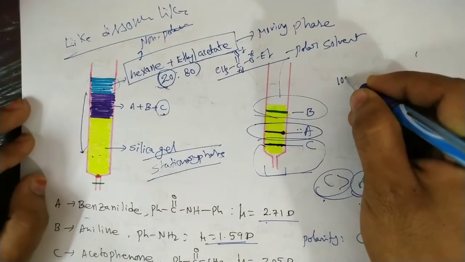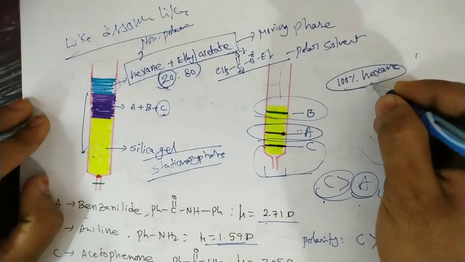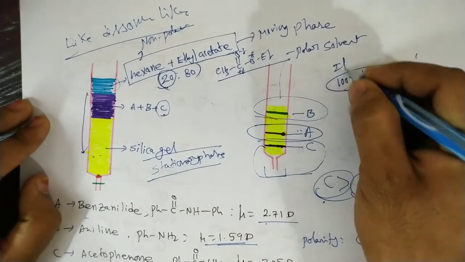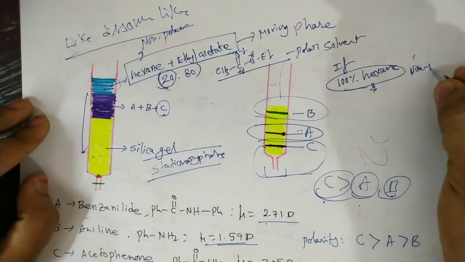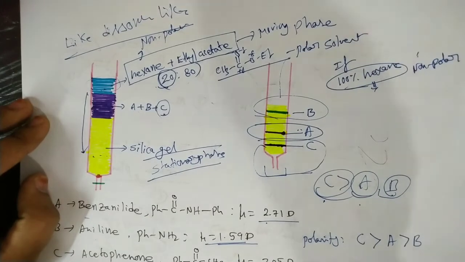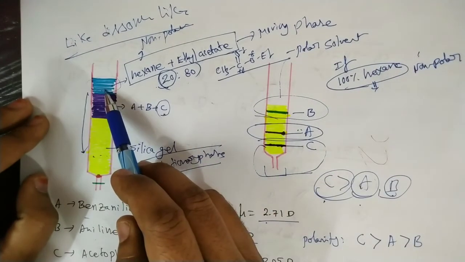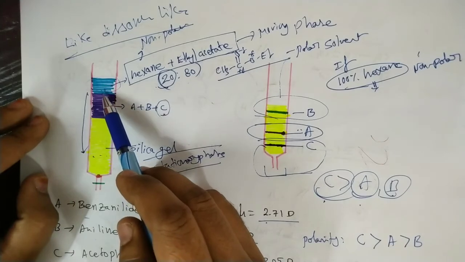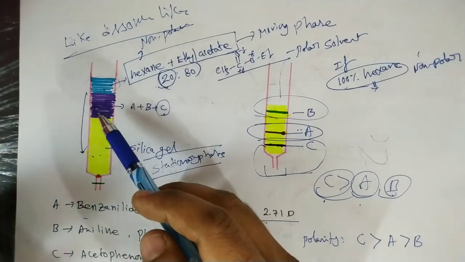For suppose in this case 100% hexane is used as the solvent, then the sequence of compounds obtained changes, because it is a non-polar solvent. With a non-polar solvent like hexane, less polar compounds move first.